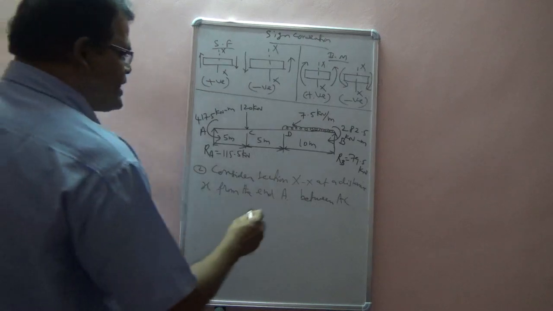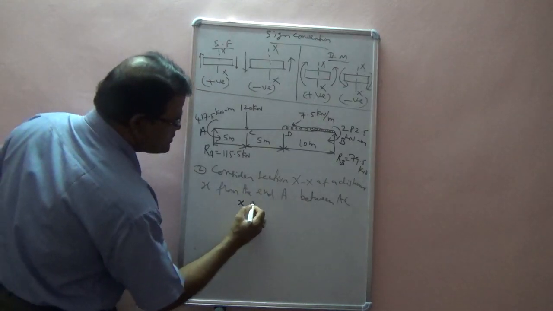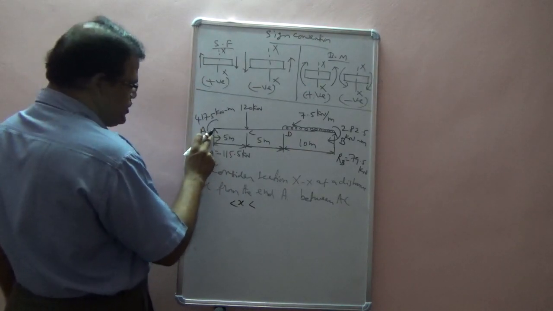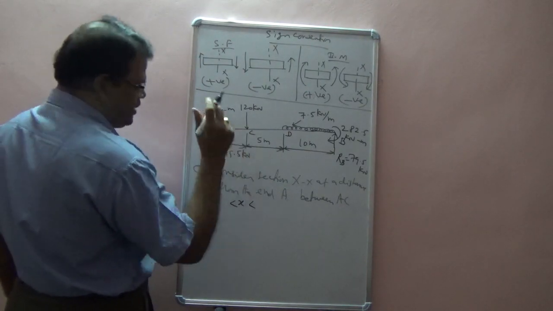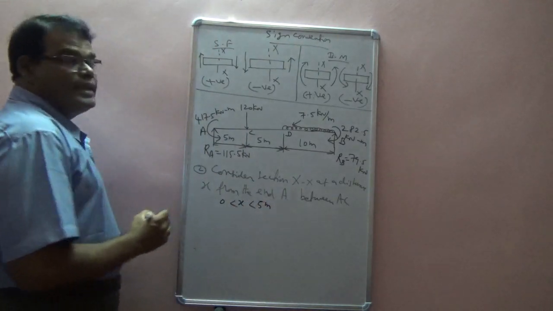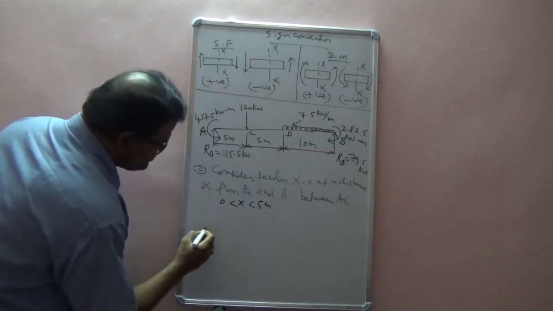What is the value of x? Our boundary condition is that x varies from A, at a distance of 0, to C at 5 meters, therefore 0 to 5 meters is the limit. Draw the diagram separately.